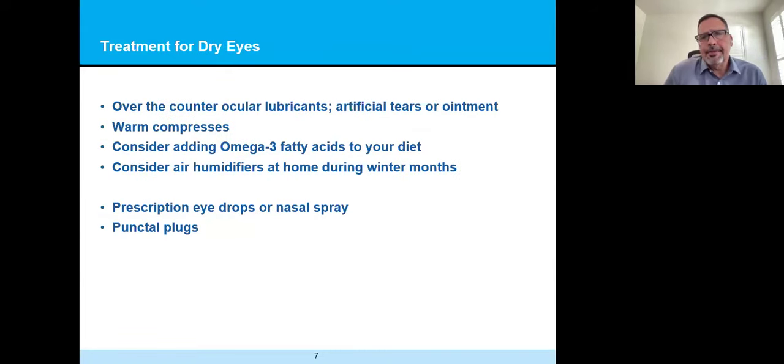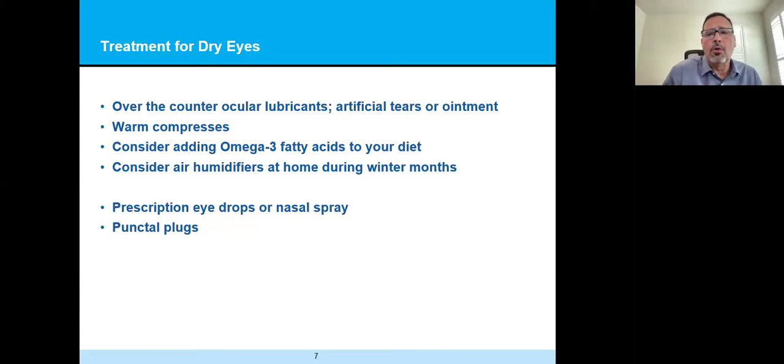Fortunately for dryness, it's easy to start treating that, and most of you can do that by just starting with over-the-counter lubricants, which is exactly what we usually do in the office as first line of treatment. So for somebody suffering from dry eyes, there are over-the-counter eye drops intended for the treatment of dry eyes, not clear eyes to take the red out, not for allergies, but specifically for dry eyes.